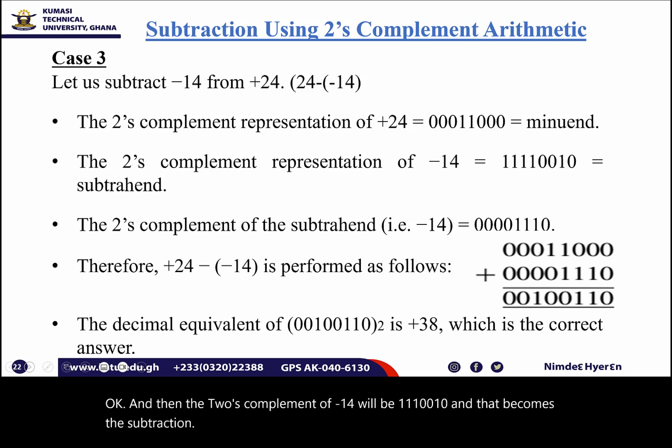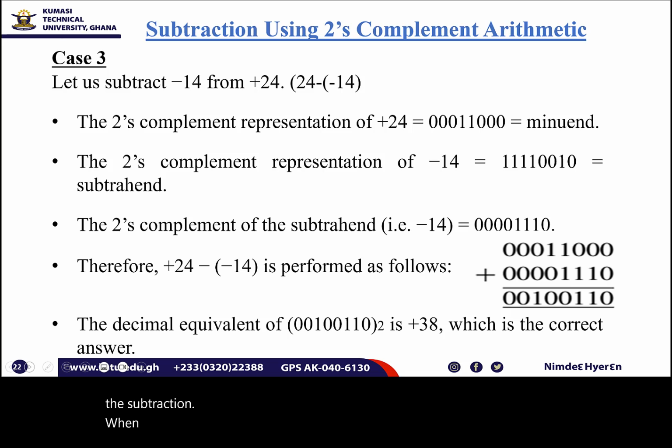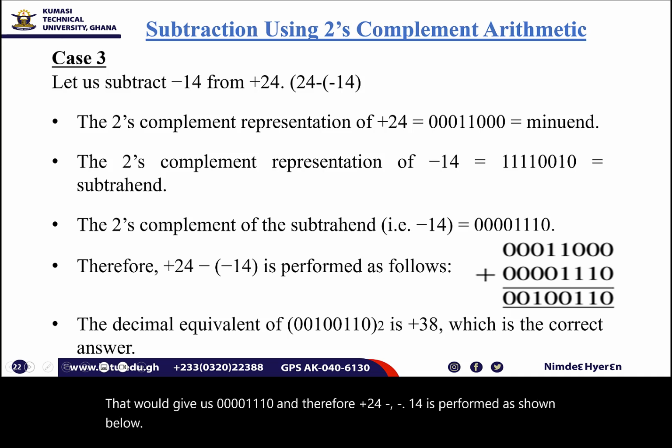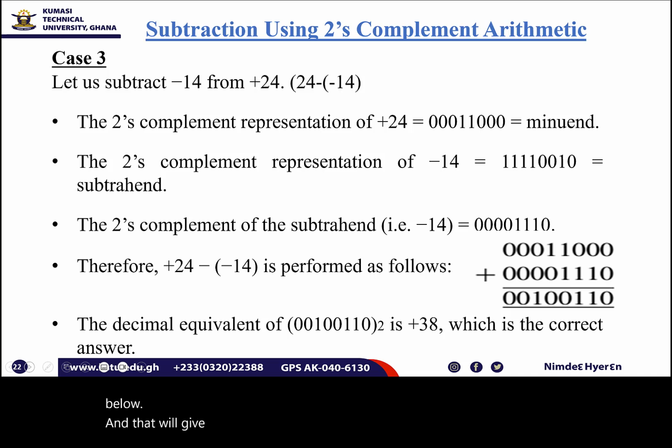When we find the 2's complement of the subtrahend again, that will give us 0 0 0 0 1 1 1 0, and therefore positive 24 minus negative 14 is performed as shown below, and that will give us positive 38. Okay, so you take note of that.